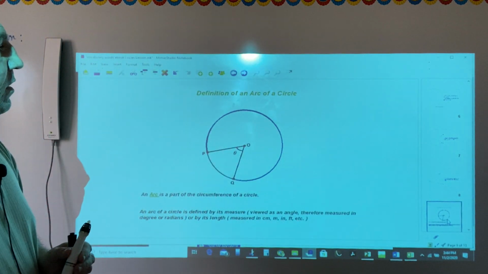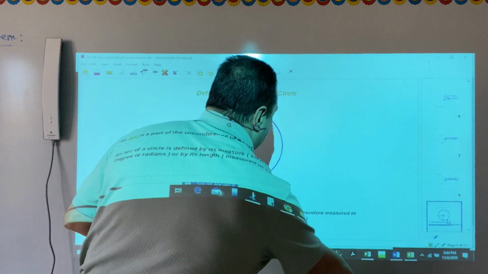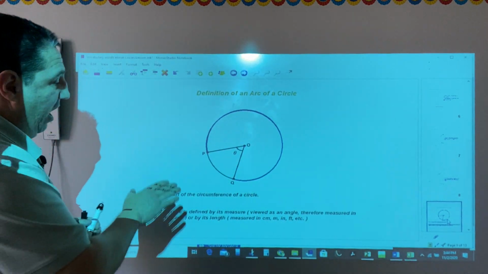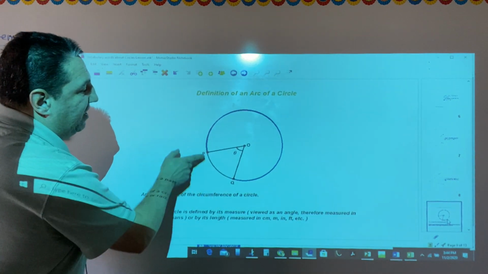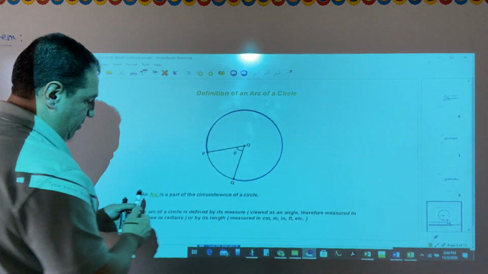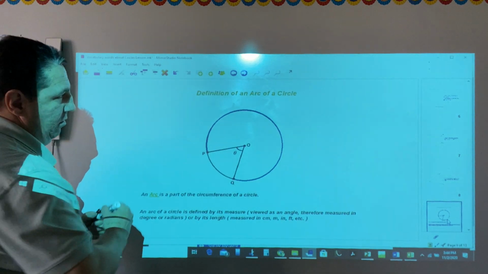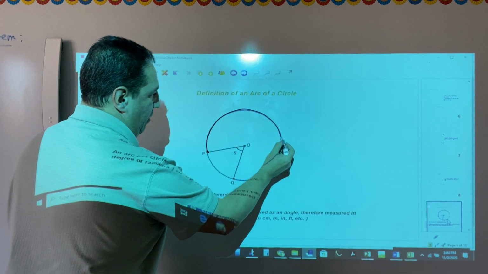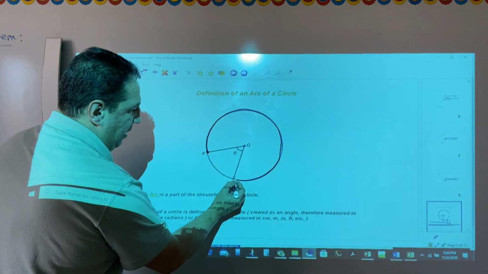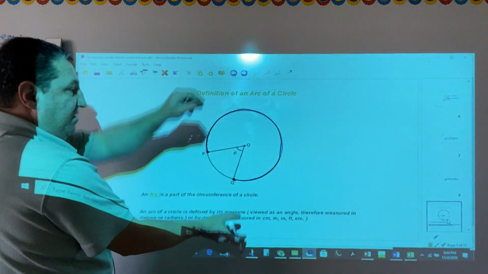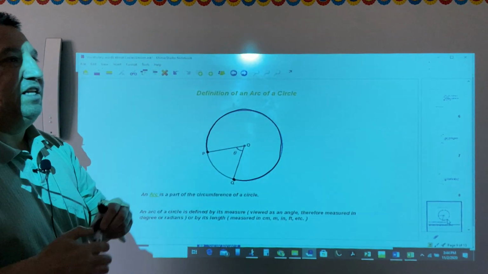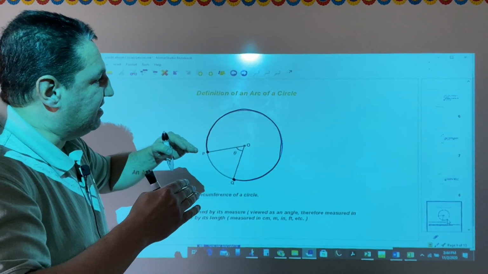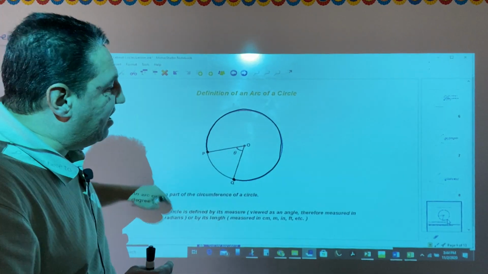Another part of a circle is the so-called arc of a circle. An arc of a circle is a part of the circumference, like here. The circumference is the length of the circle.